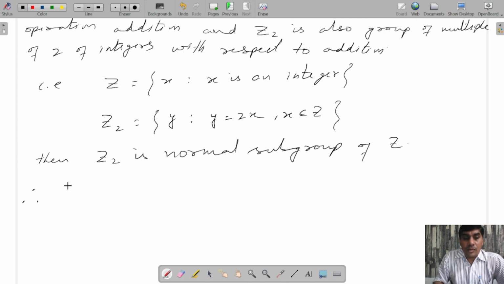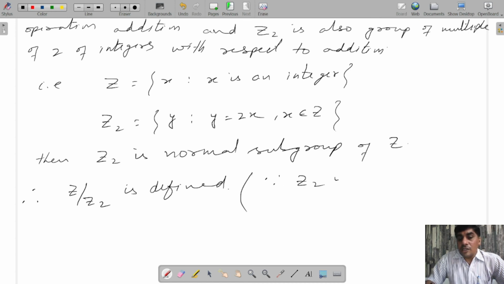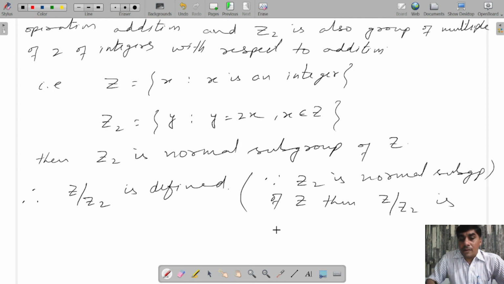Therefore Z by Z2 is defined because Z2 is a normal subgroup of Z, then Z divided by Z2 is called the quotient group.